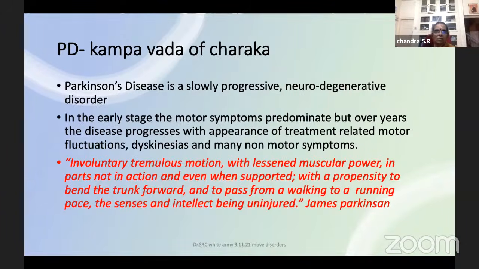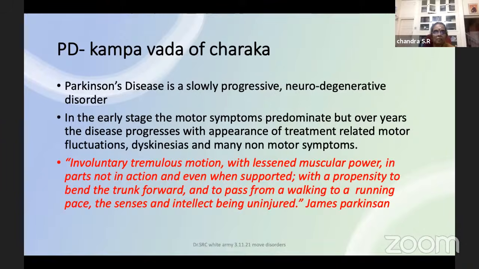So even in idiopathic PD, the dorsolateral prefrontal circuit will get affected over a period of time. So, over time, we change the definition: in the early stage motor symptoms predominate, but over a period of time, other symptoms, cognitive functions, motor fluctuations, and many non-motor and neuropsychiatric symptoms get added on.